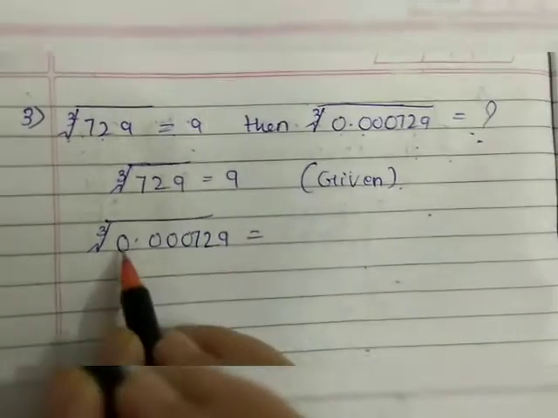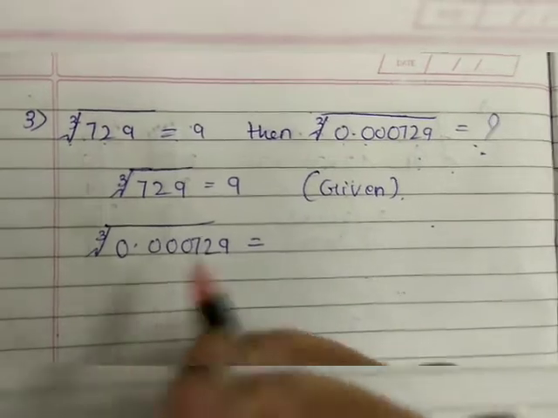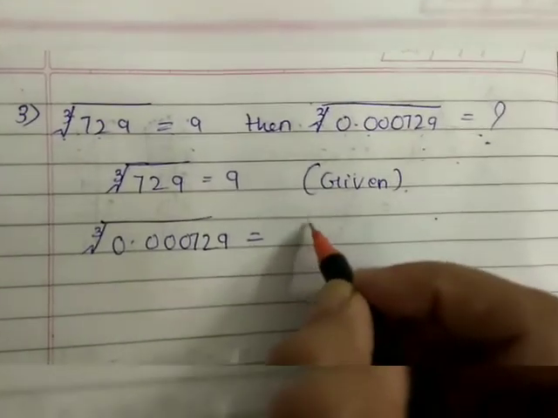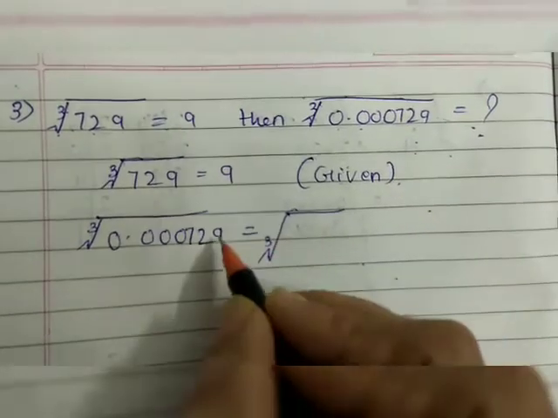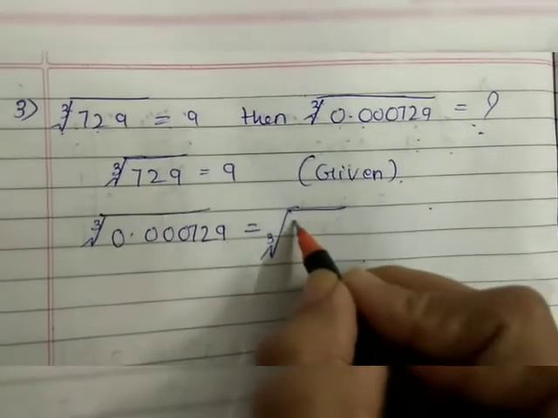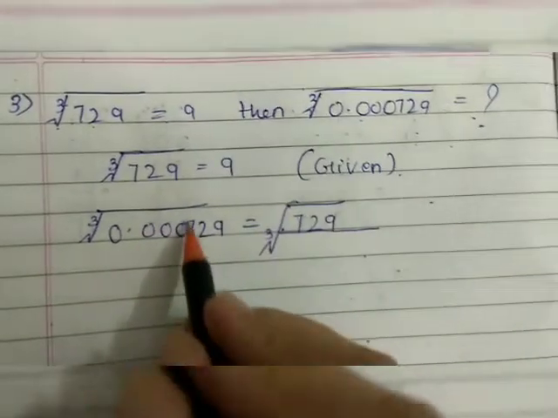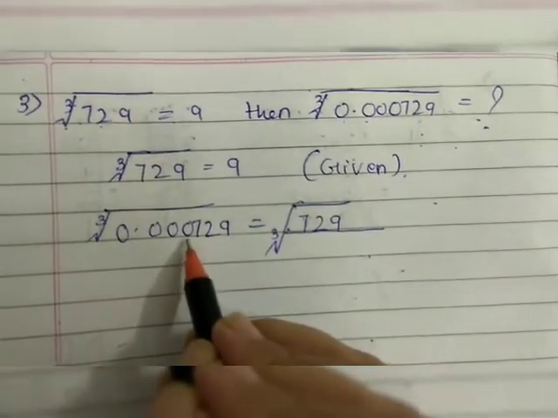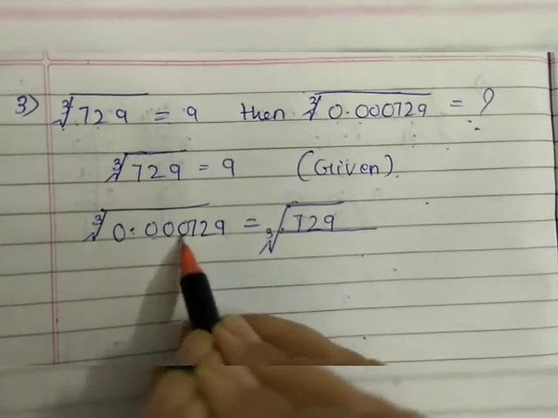Now if you see this is in terms of decimal. So now we'll convert this decimal in the form of fraction. So let us write down. Here the number over here is 729. Now if you want to convert this into a fraction, you will see after decimal how many decimal places are there.